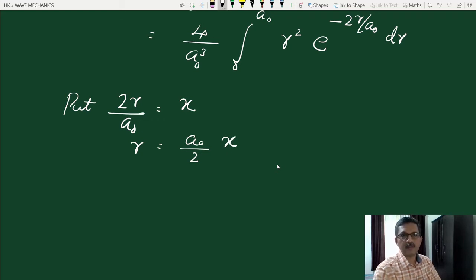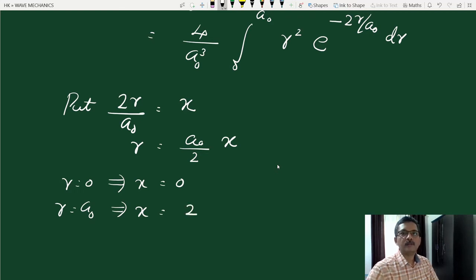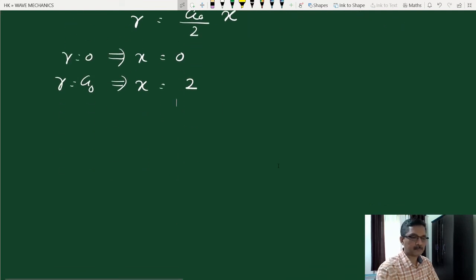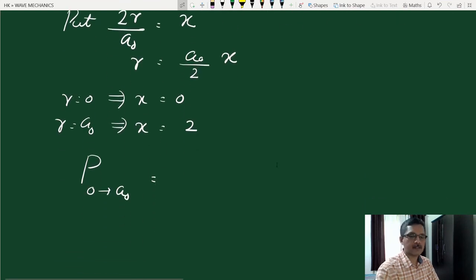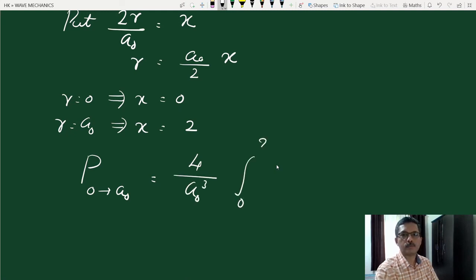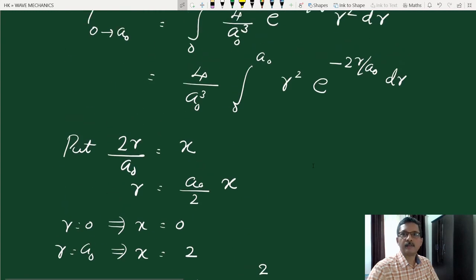So the limits will be: r equal to 0 means x is equal to 0, but when r is equal to A0, x is equal to 2. So the probability to be found between 0 and A0 is 4 by A0 cube integral 0 to 2, the limits are for the x.